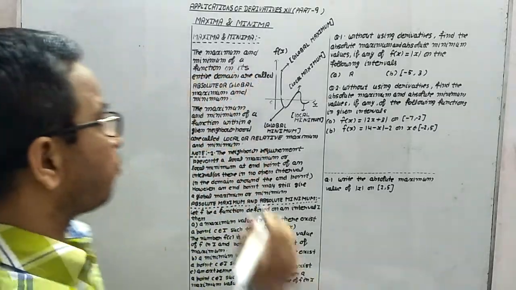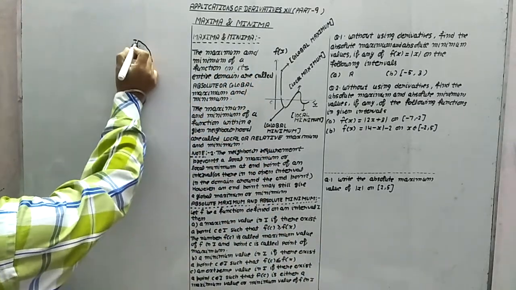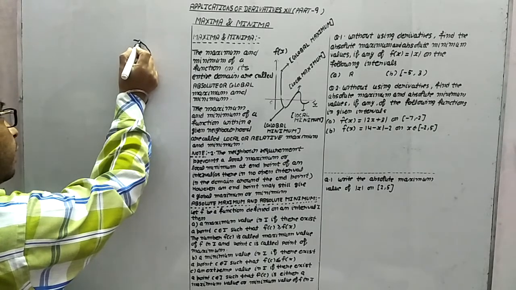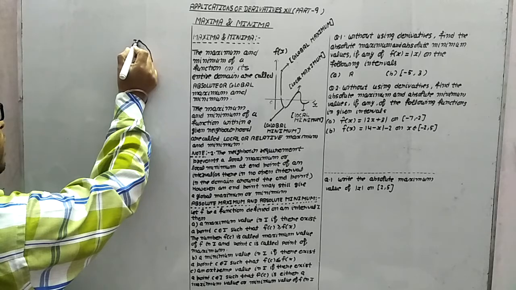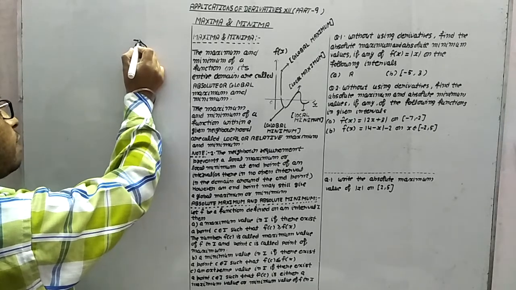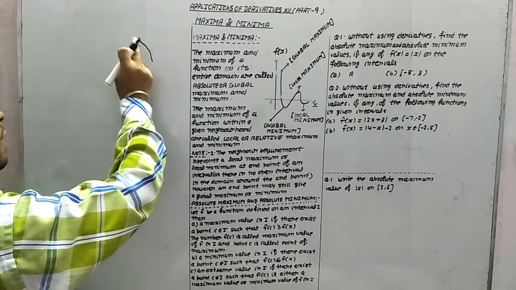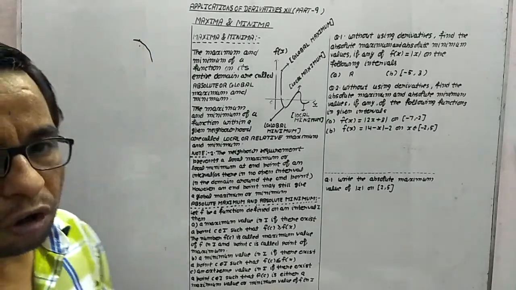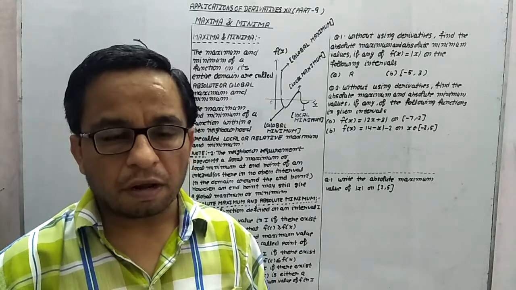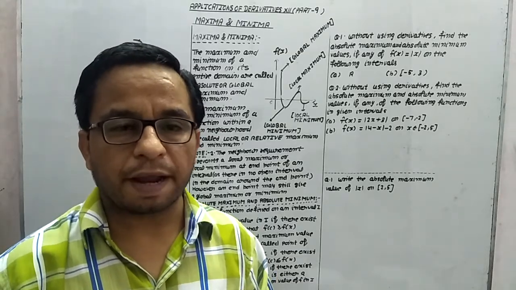Neighborhood means, suppose this is the graph and this is the point, and in its neighborhood, a little bit less than and a little bit more than, if we find any point that is either a maximum value or a minimum value, then it is known as the local or relative maxima and minima.